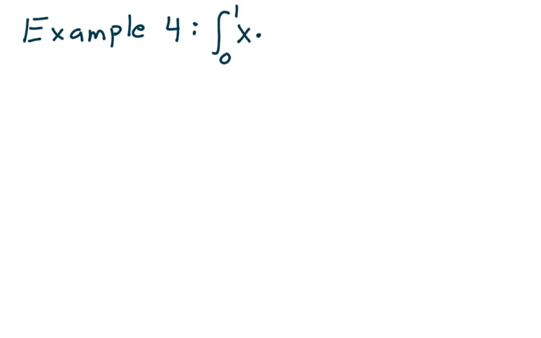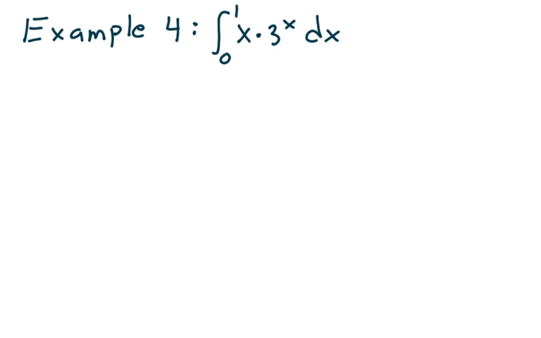So if we take a look at example 4, well, suppose I give you this one. The integral from 0 to 1 of x times 3 to the x dx.